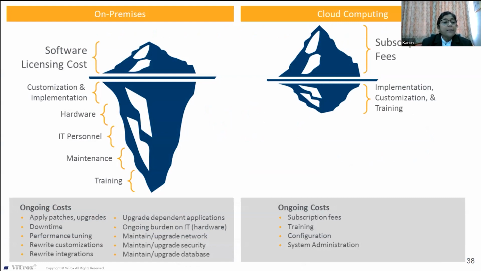If you talk about software, we have to go for licensing. If you're talking about on-premise, you need to do a lot of customizations and implementations, or you need to invest in hardware or some IT personnel to take care of that. And of course, when you have a server, you need to do maintenance, and you need to train someone to take care of that server. But when you talk about cloud, cloud is very simple.